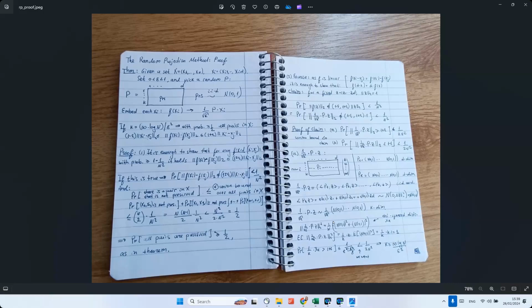For this distribution, if you open Wikipedia, you see lots of things analyzed: its mean, its standard deviation, and many properties. They also have a concentration of measure for this distribution.